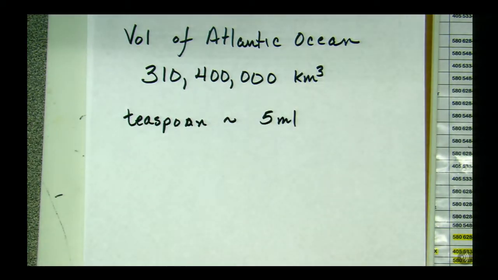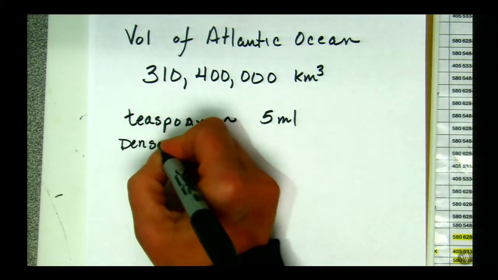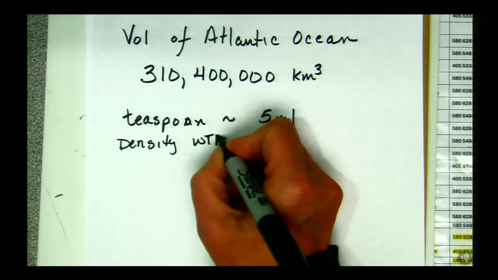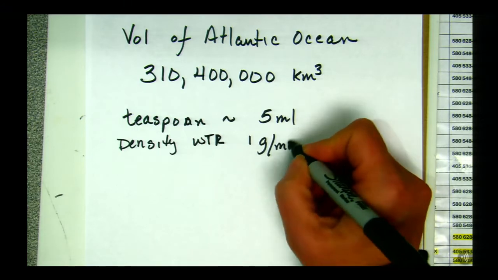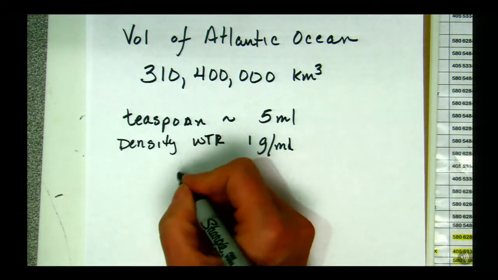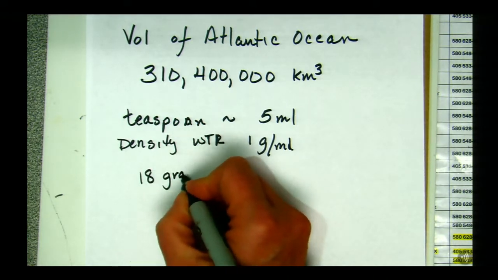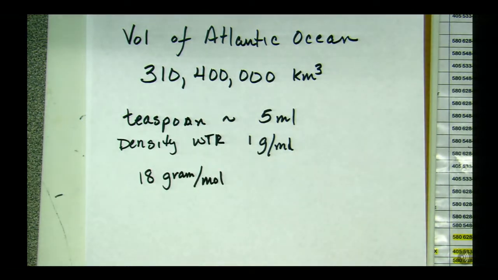My density of water, so let's do the easy part first, is 1 gram per milliliter. And if I do 18 grams per mole for water, because remember hydrogen is 1, oxygen is 16, so 2 hydrogens are 2, my oxygen 16, that gives me 18 grams per mole.